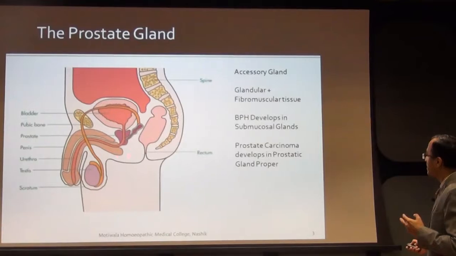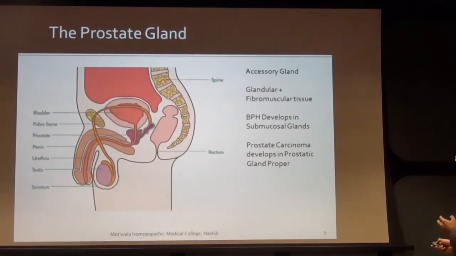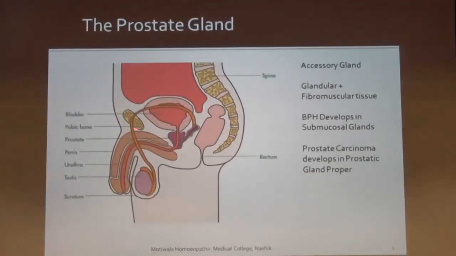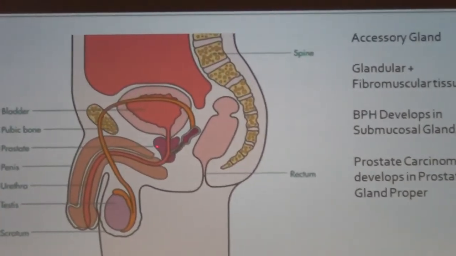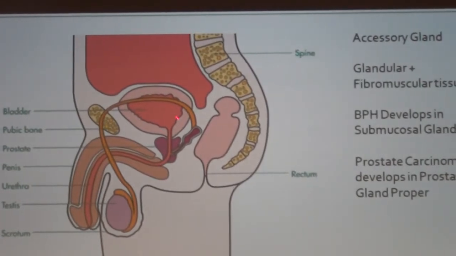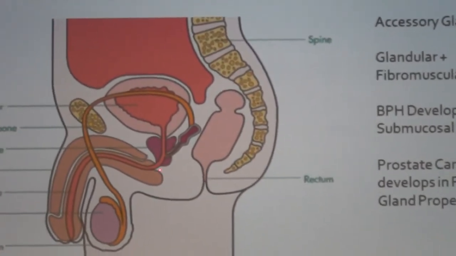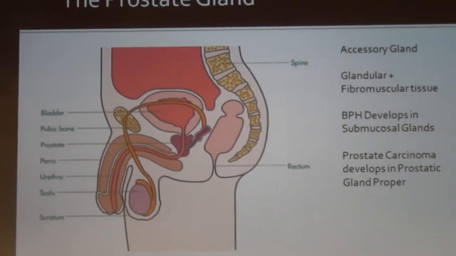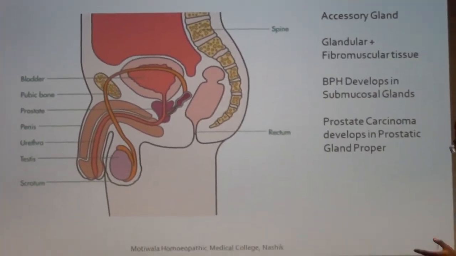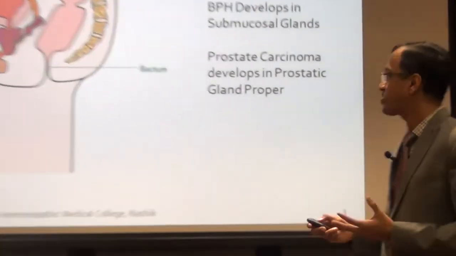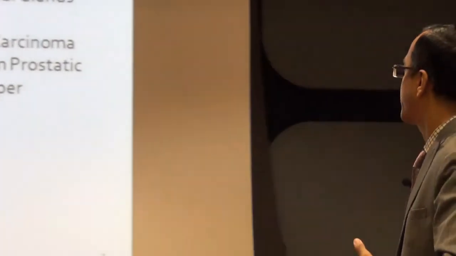Here you can see a prostate gland. If it gets enlarged, it creates pressure on the urinary bladder and very specifically the prostatic urethra, and that causes a lot of difficulty and the symptoms of benign prostatic hypertrophy.